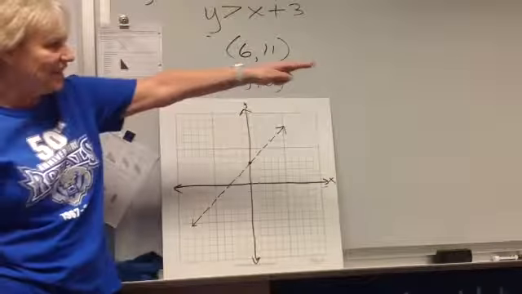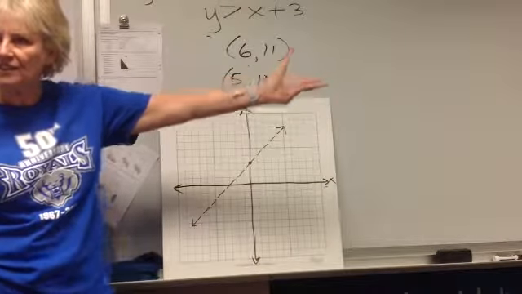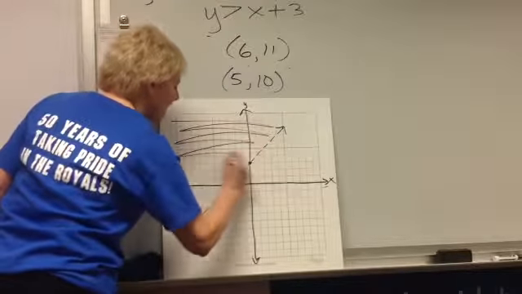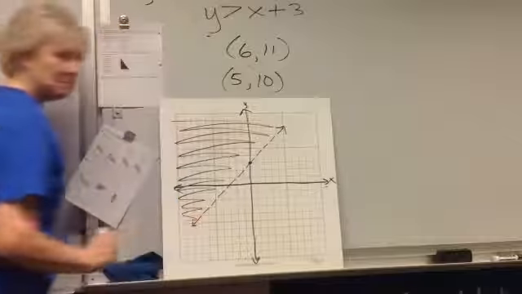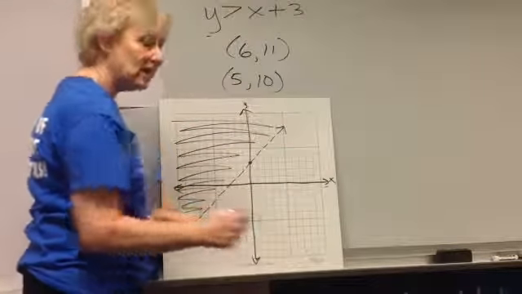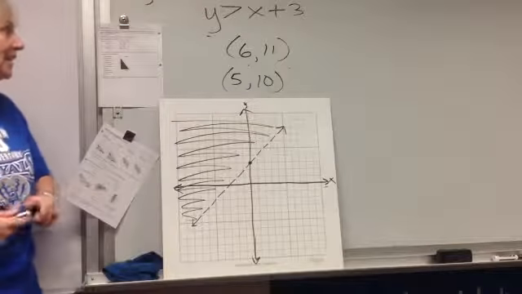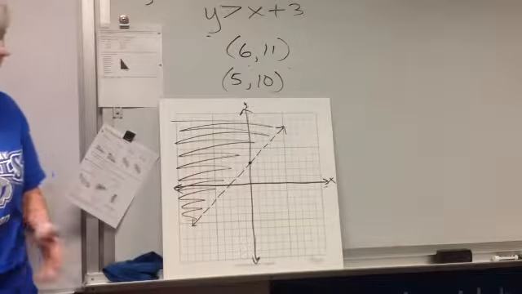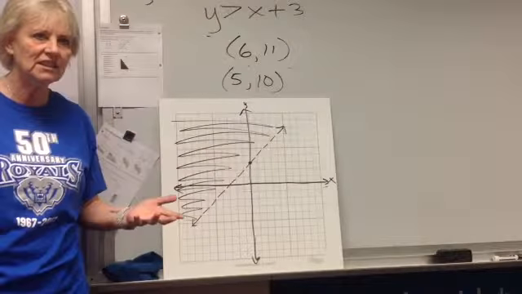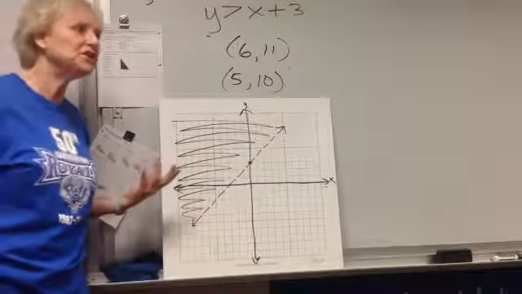And this is why I asked you the above and below things. If it's greater than, you are shading everything above it. If it's less than, you are shading everything below it. Now my suggestion is, in case you screw that shading up, pick any point and see if it works. If it works, that's where you're shading.